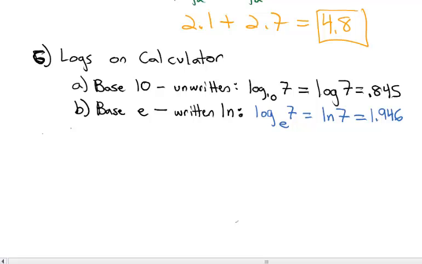So what do we do about a log base 5? How do you put that in your calculator? Well, we have this thing called the change of base formula.